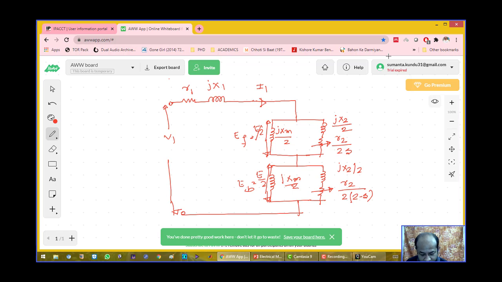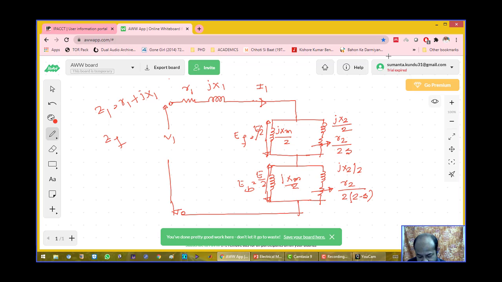So this is the representation in running condition, and this combination of R1 plus JX1 is called Z1. Z1 equals R1 plus JX1, and this is ZF.